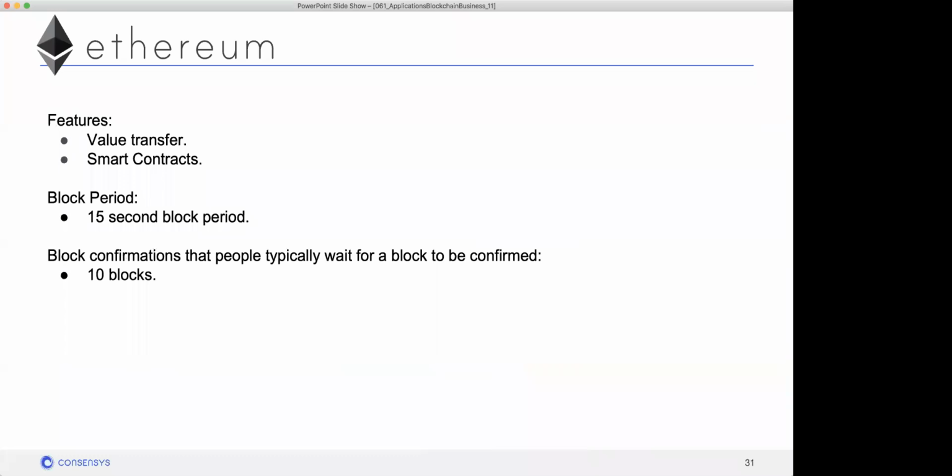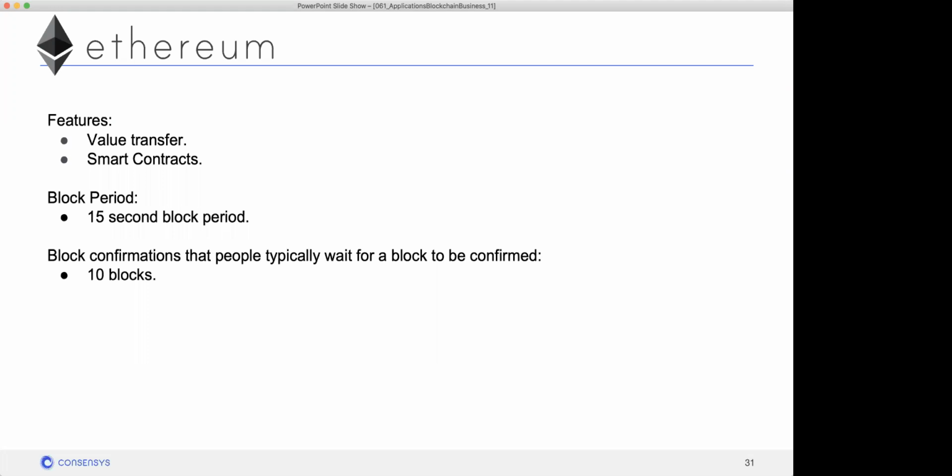So Ethereum lets you do value transfer like Bitcoin, but it also lets you do smart contracts. Smart contracts are computer programs that run on the blockchain. They're just simple things, but it's programmable logic, or programmable business logic. So it allows you to have great flexibility.